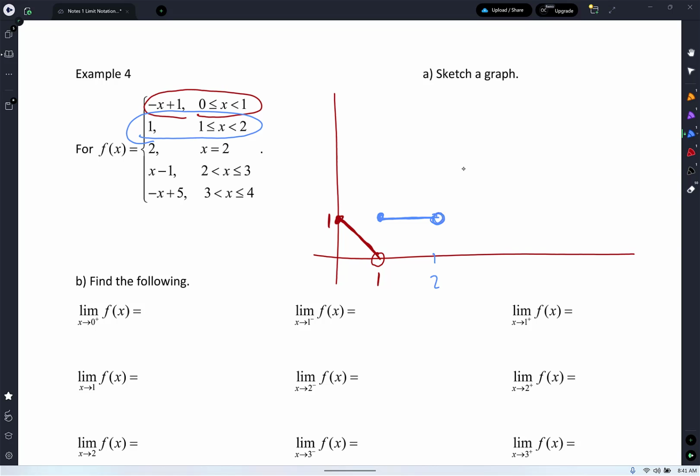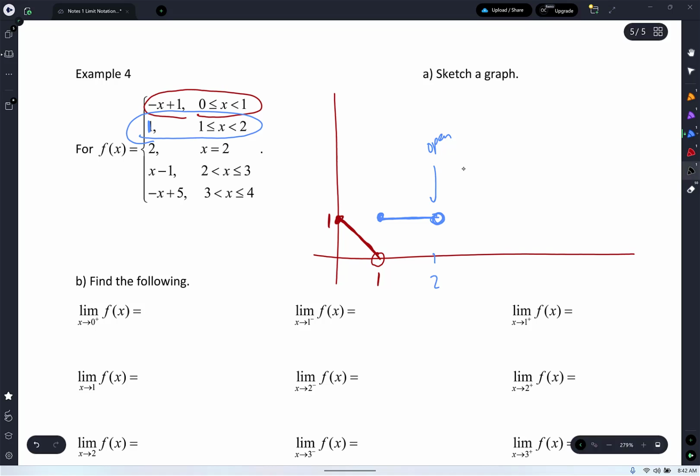Is anyone confused how I got that sky blue line? Notice that it's always a value of 1. So the output better be 1 all the time between x equals 1 and x equals 2. And notice I put an open circle because you don't have an equal sign.